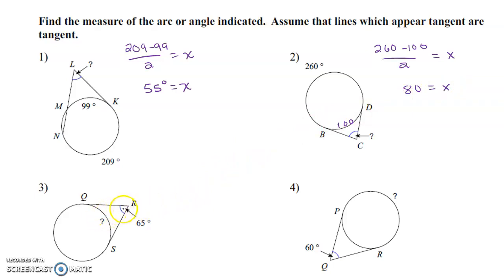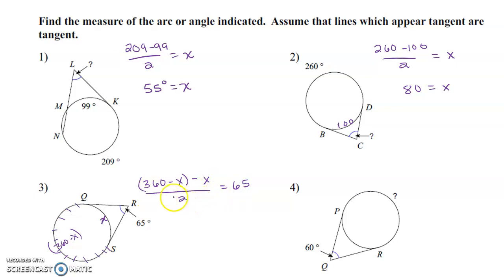Okay, well, let's think about this one. Now we've got this arc, and we got to think, how are we going to solve this one? Well, if I label this x, this is what I'm looking for. This out here is equal to 360 minus x. So if I set it up, 360 minus x is my far arc, minus my near arc, divided by 2 equals 65.